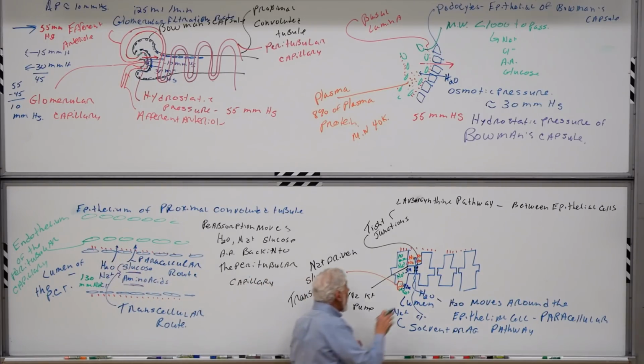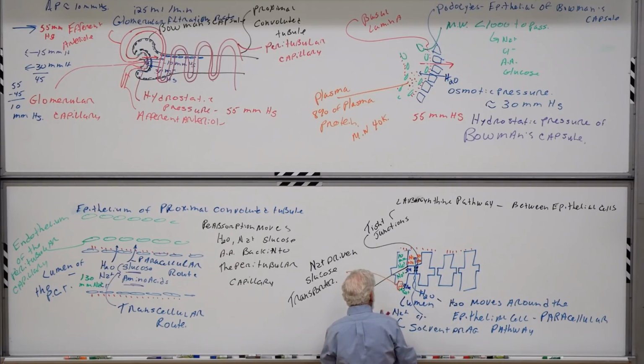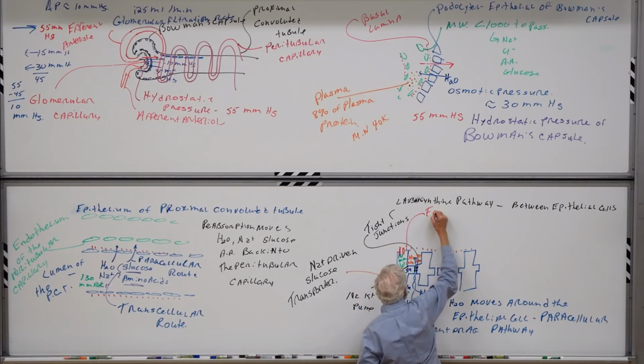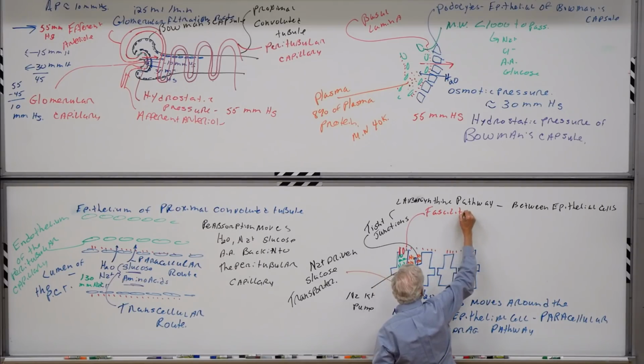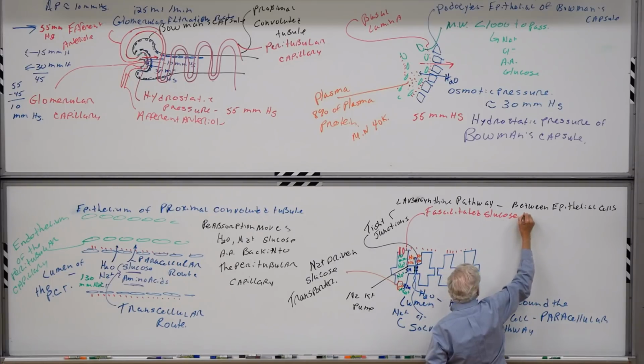Then on this basolateral side of the cell over here, there's now going to be another transmembrane protein. I'm going to put this in red. And this is a facilitated glucose transporter.